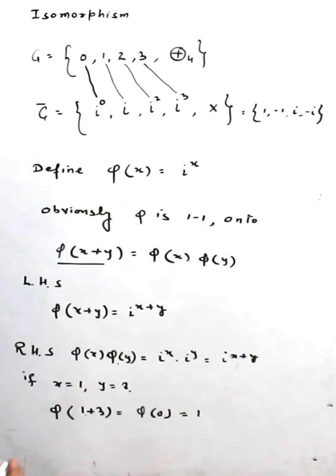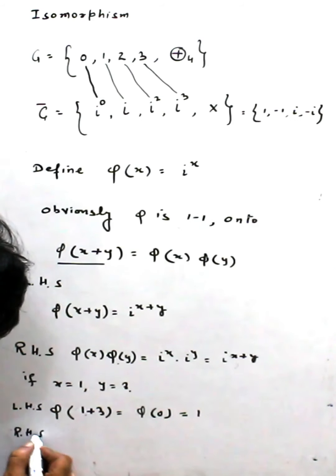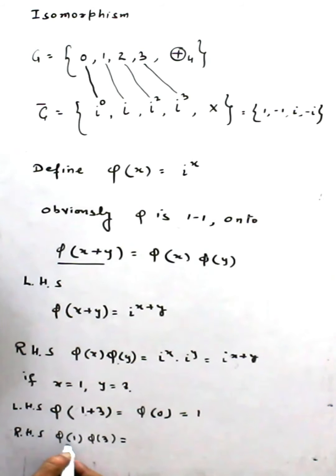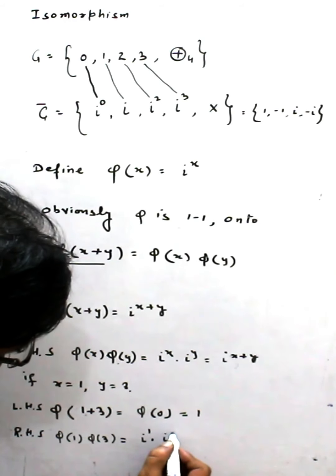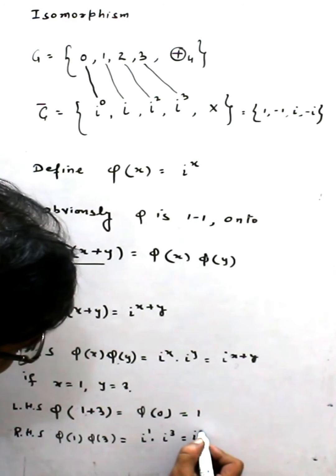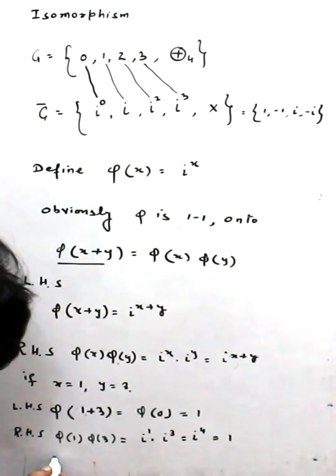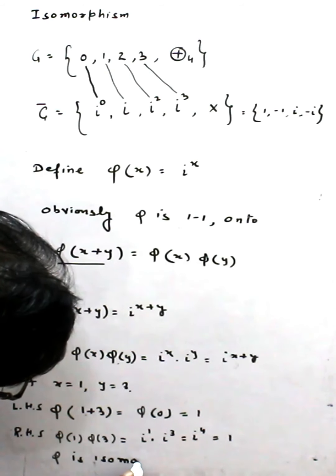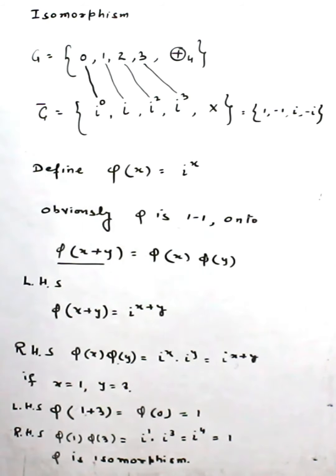This is the left hand side. Similarly the right hand side, phi(1) phi(3), that means this is i^1 and this is i^3, that is i^4, and i^4 is again equal to 1. That means phi is an isomorphism.